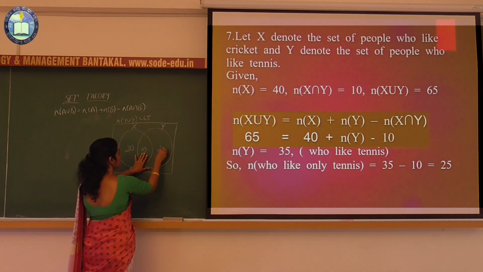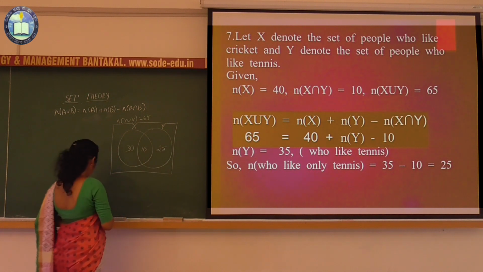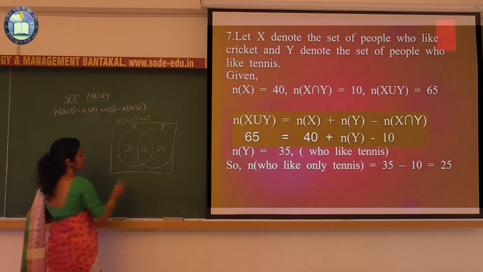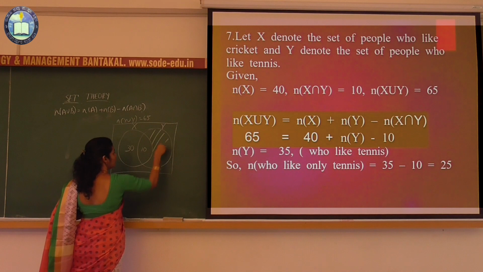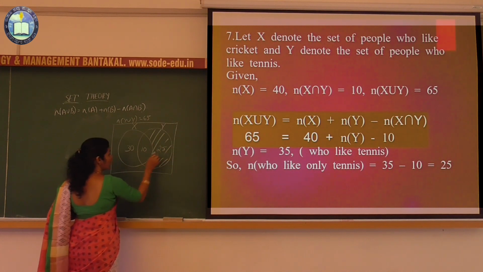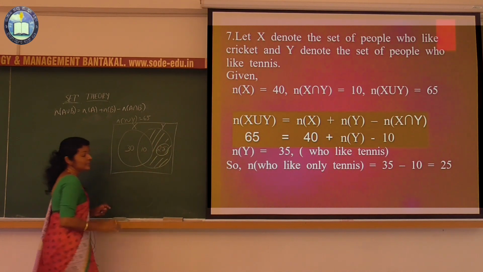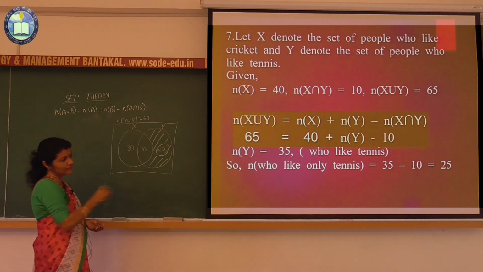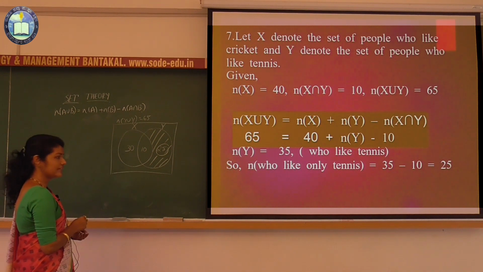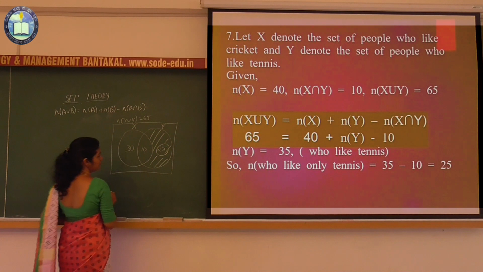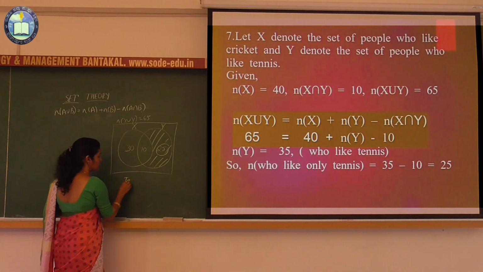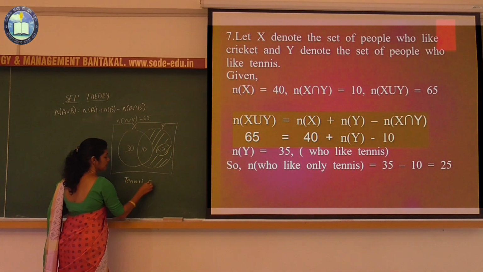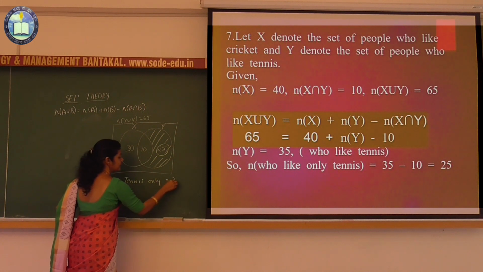So what is remaining over here? 25. Now listen to me. According to the statement, the number of people who like tennis only is 25. See, the answer we got in the formula also is 25.